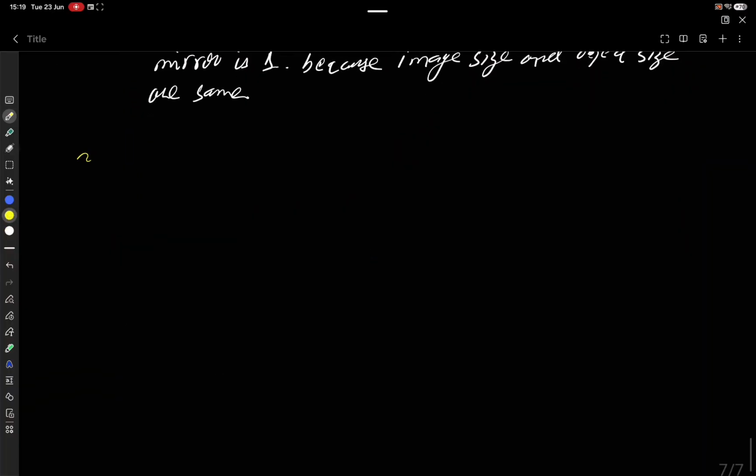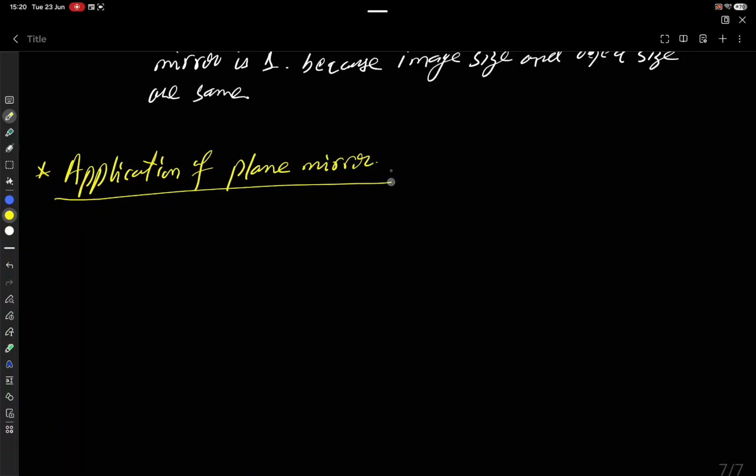Now we have applications of plane mirror. Number 1, mirror periscope. Number 2, blind corners.